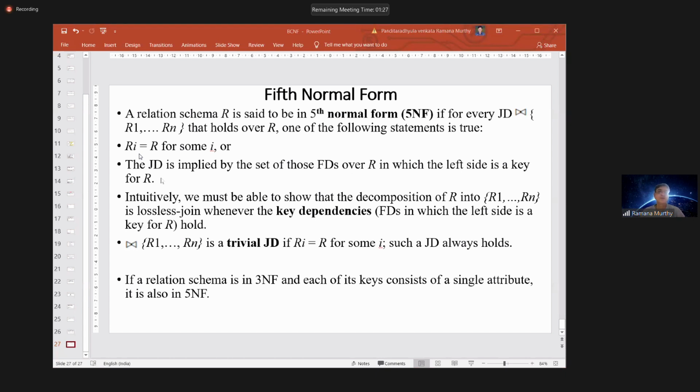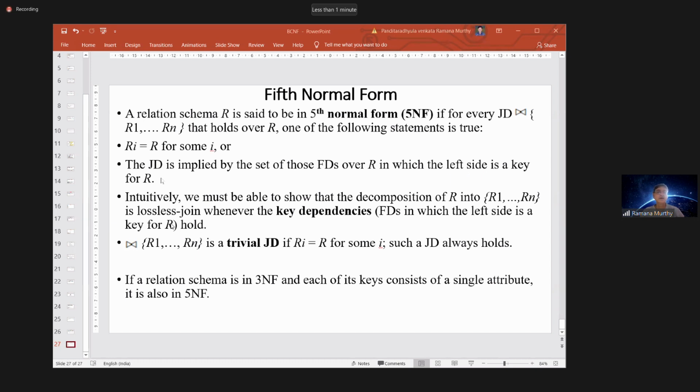The join dependency is implied by the set of those functional dependencies over R in which the left side is a key for R. You are dividing the table and identifying a number of functional dependencies to get back the original relation. The only thing is, the left side should be a key attribute.